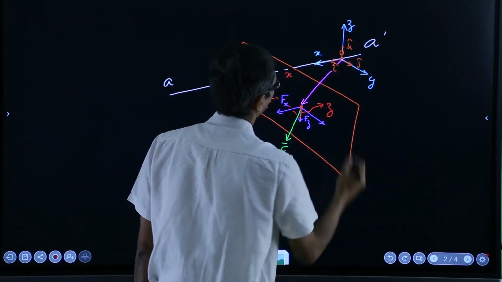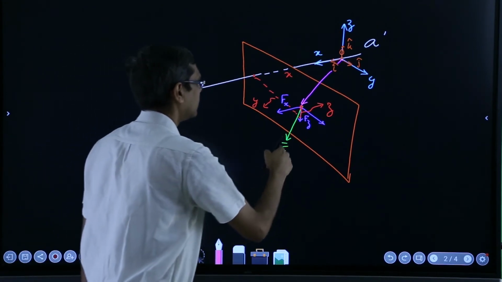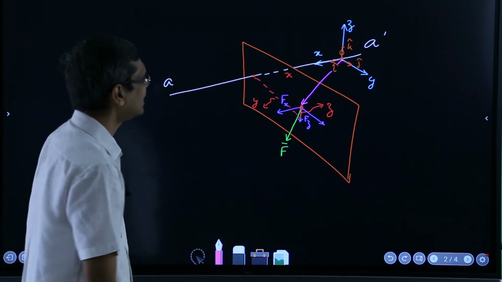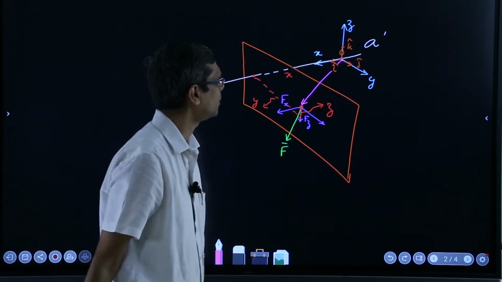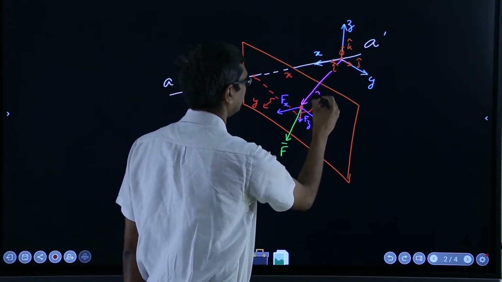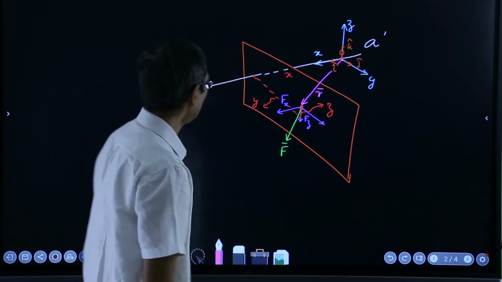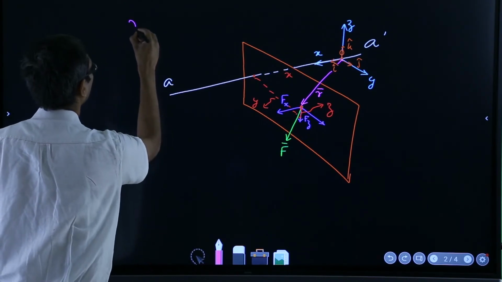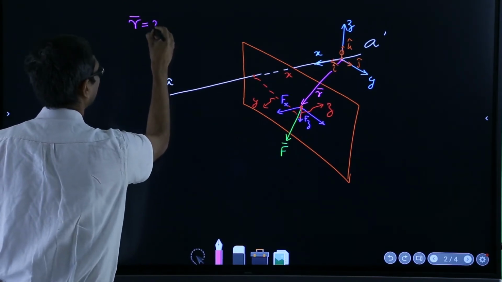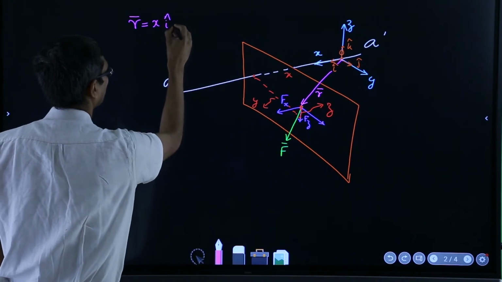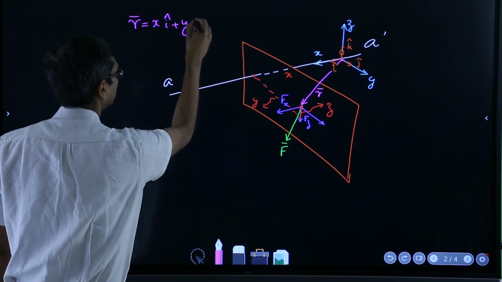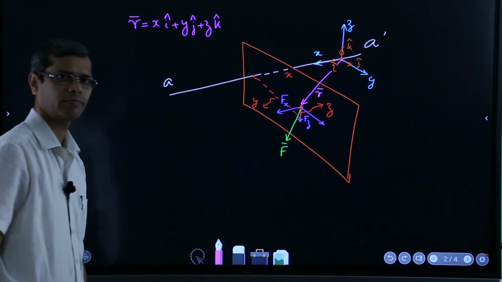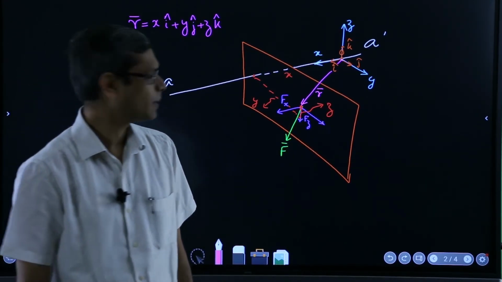Okay. Now the vector r was from this point, right? So along any point along the line of action of the force, let that point be this now. So this is our r. So according to this picture, r can now be written as xi plus yj plus zk, right?